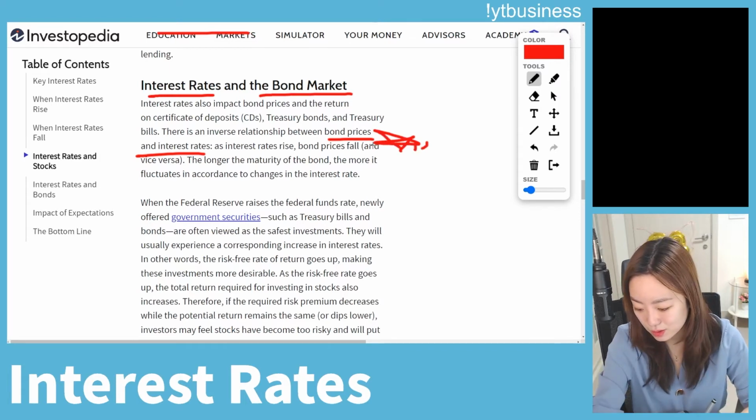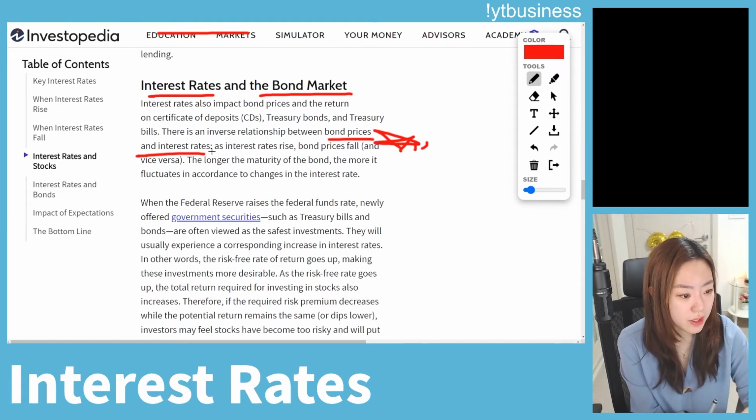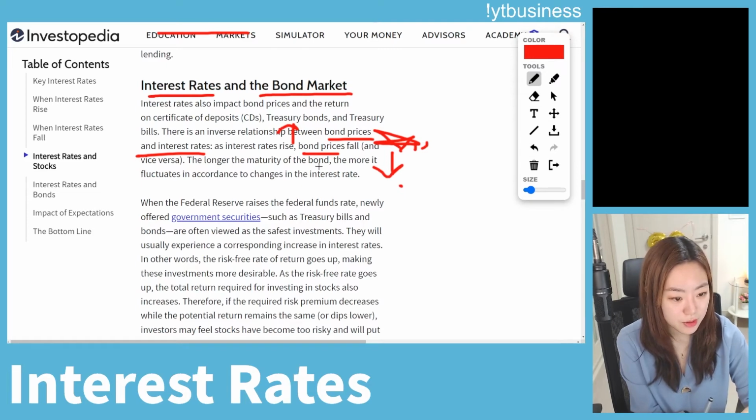Does that sound weird? Sorry. As interest rates increase, the bond price falls, and vice versa. The longer the maturity of the bond, the more it fluctuates in accordance with changes in the interest rate.